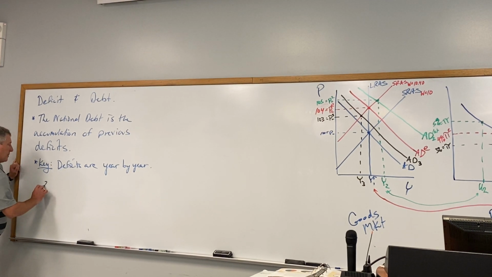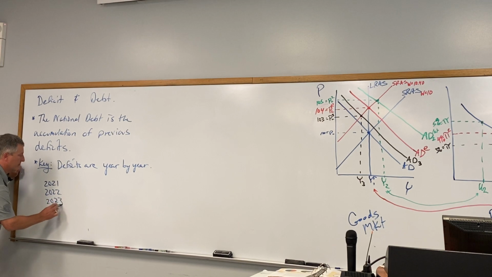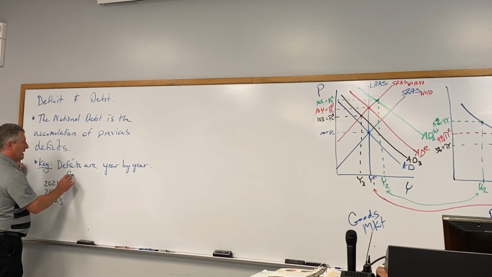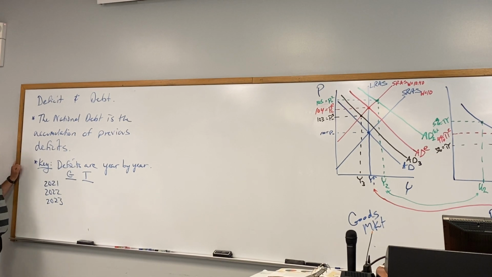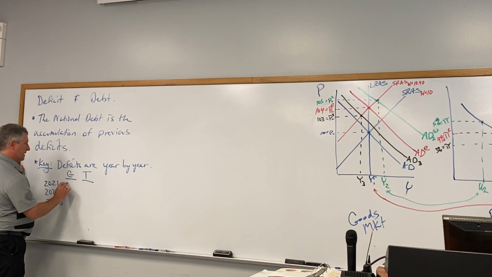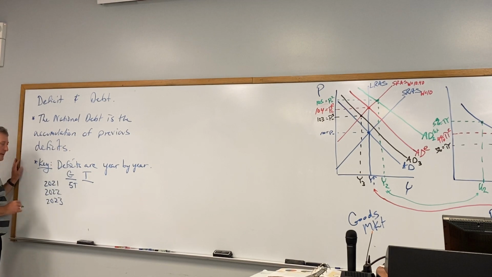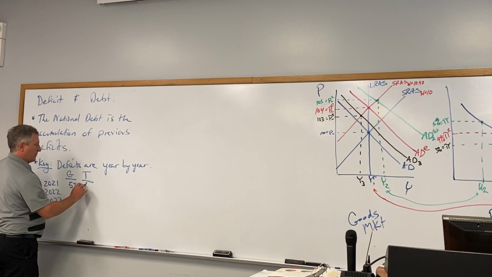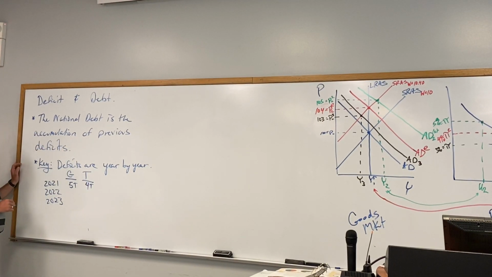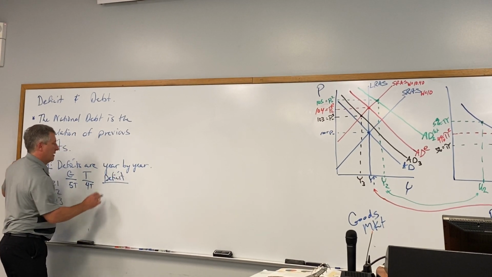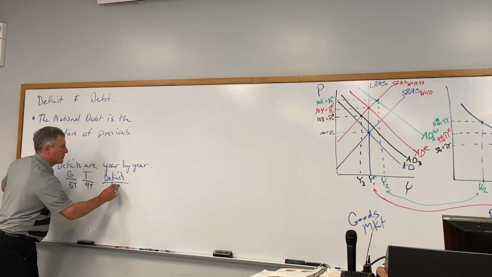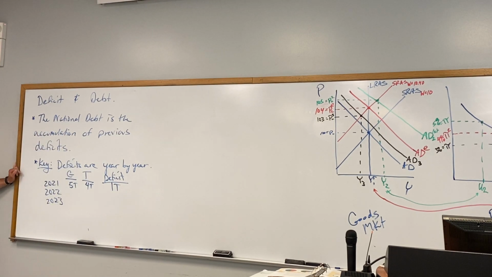So let's just do a couple of them here. Let's do 2021, 2022, 2023. And so here's G, here's T. If this is 5 trillion and this is 4 trillion, then we had a deficit of 1 trillion, the difference between the two.